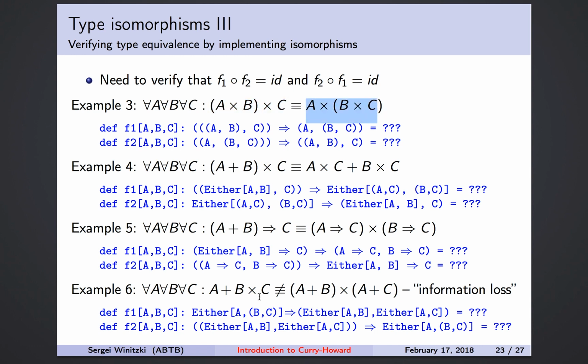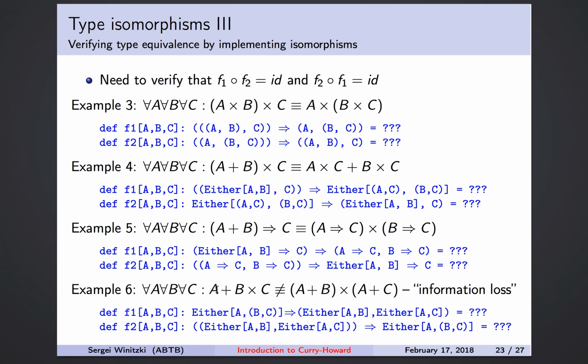And this too. But this certainly seems wrong as an arithmetical identity. This is certainly not true in arithmetic. It is true in logic, though. If you replace this with disjunction and this with conjunction, this is an identity in logic.